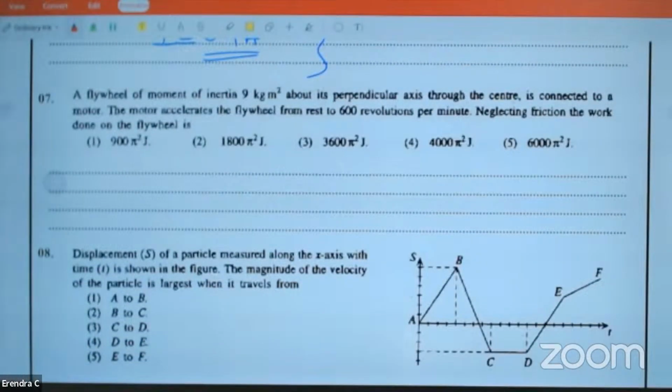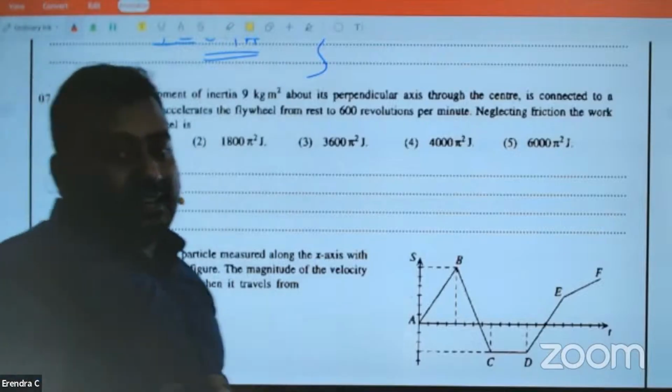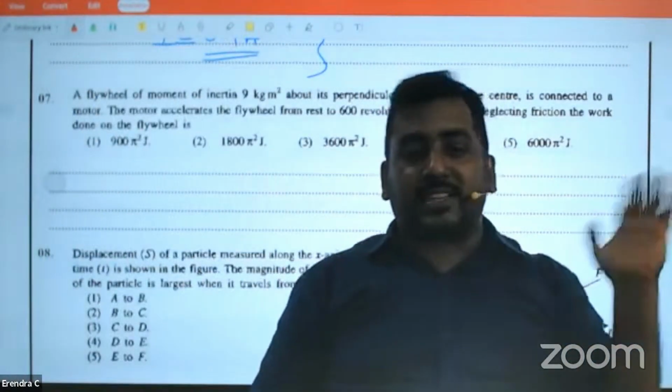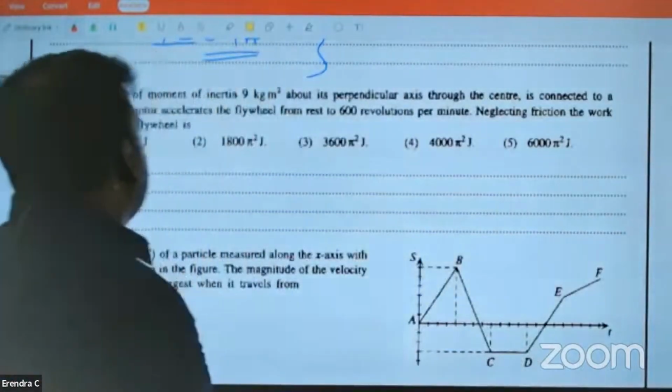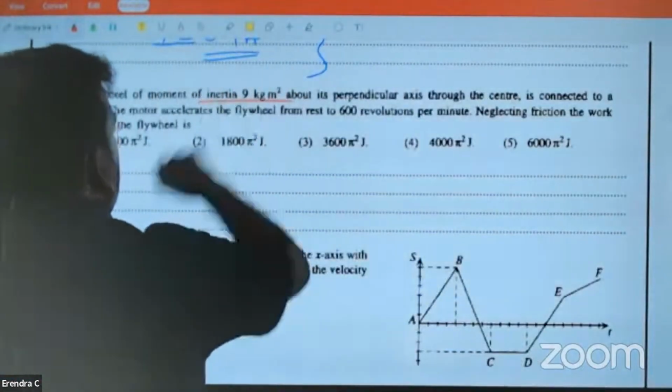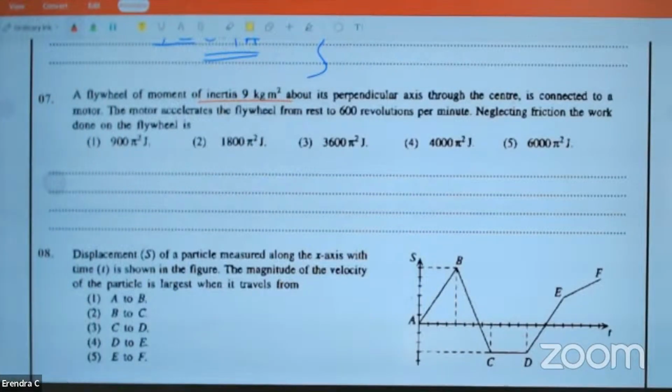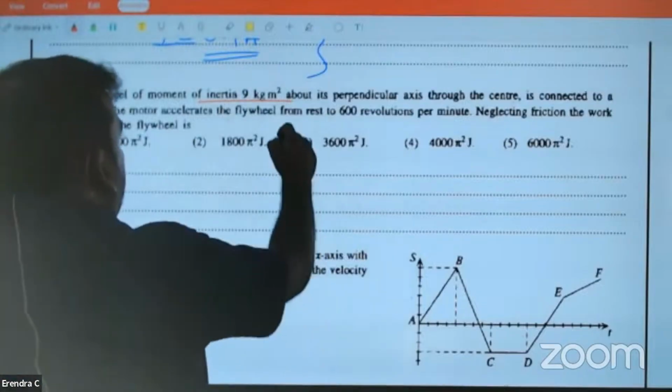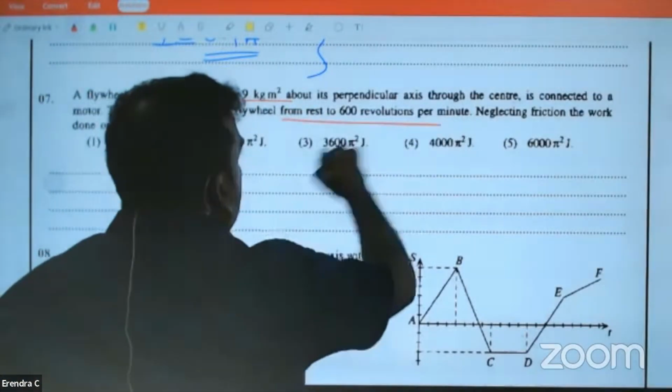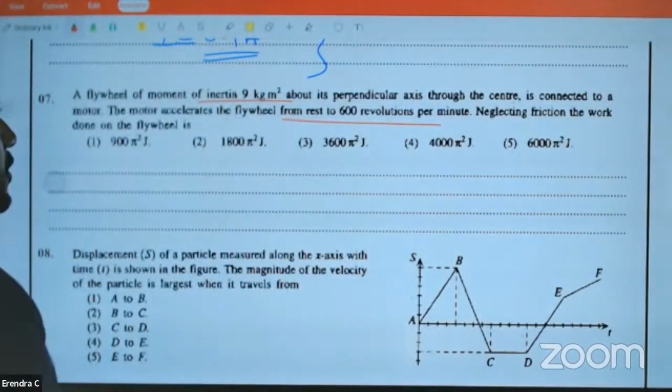Next one. I think yesterday was the essay question. I think the essay question will help you do this very easily. Moment of inertia of a flywheel is 9 kilogram meter squared. Flywheel from rest to 600 RPM. Find the work done on the flywheel.